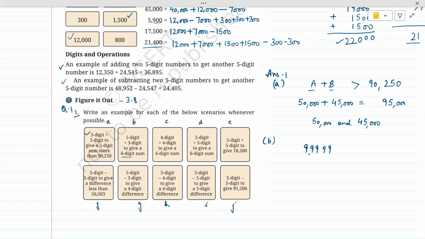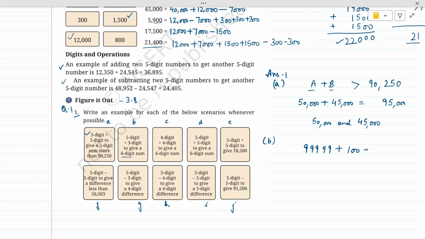I am taking the highest 5-digit number here because I have to get a 6-digit number, and the second number given to me is small, it is of 3 digits. So I am using the highest 5-digit number and adding a 3-digit number to it. I can add 100, I can add 200, anything.